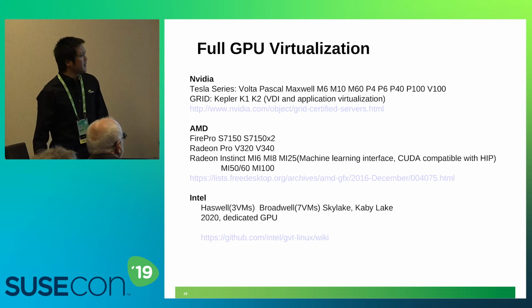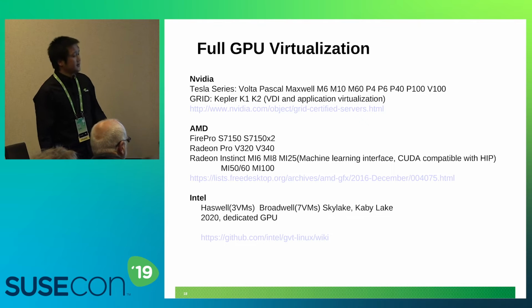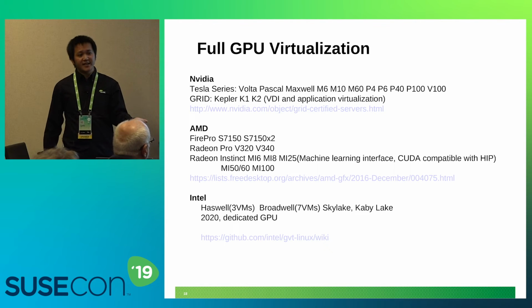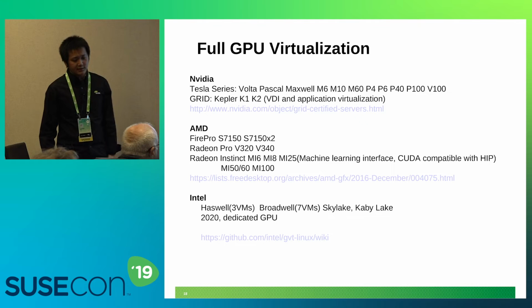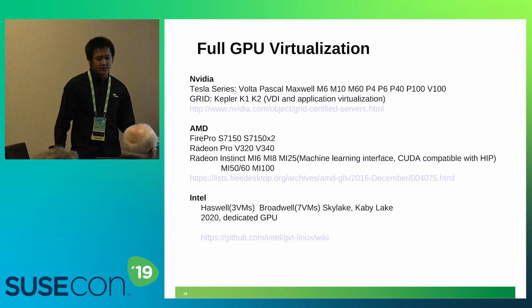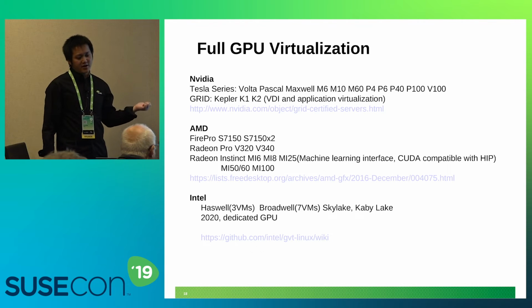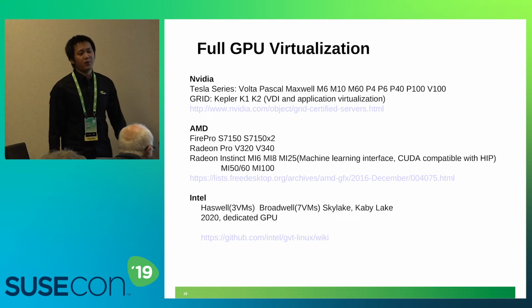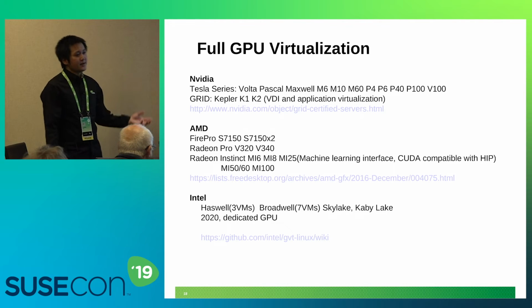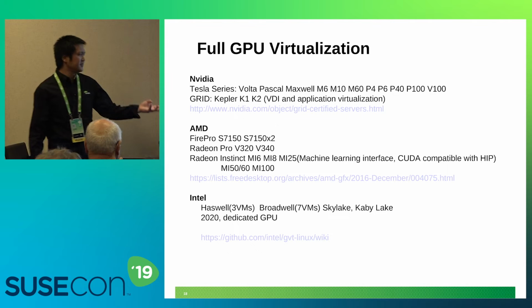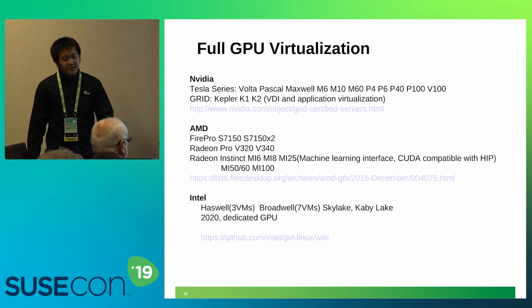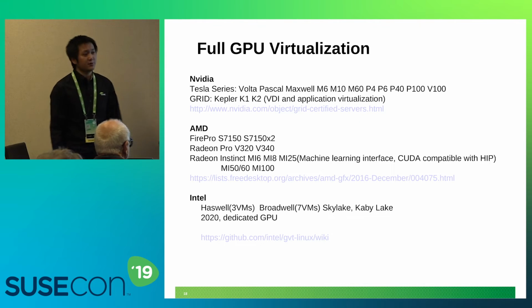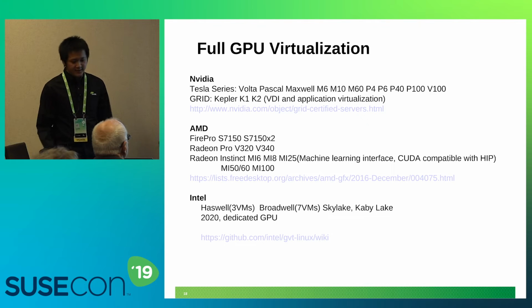They also have new plans for that, but you see they're trying to get into the machine learning part. And Intel, from Haswell, Broadwell, Skylake, and because this part is so important today, they are going to release their dedicated GPU next year, hopefully. They've announced that already.